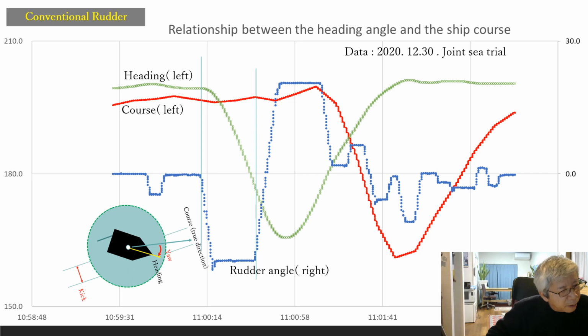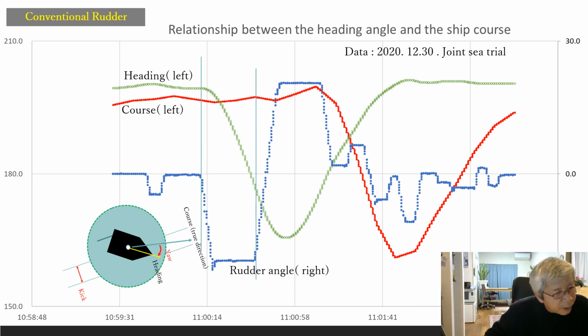But as you can see, this red line is the ship course. It means the ship is going straight. There is no effect of the rudder on this course. The ship course keeps the same, and then changes by the second helm.